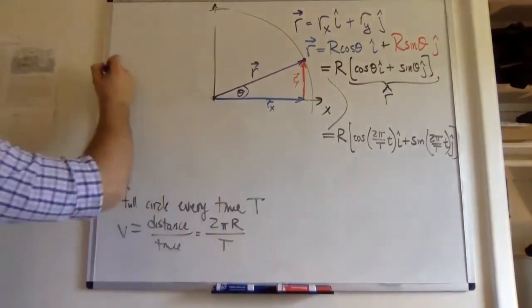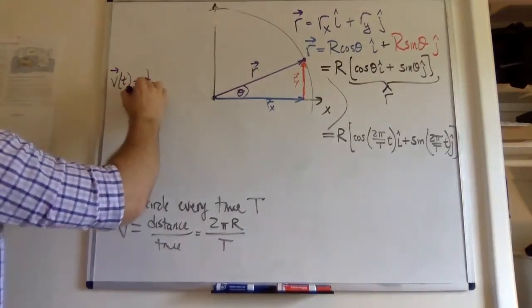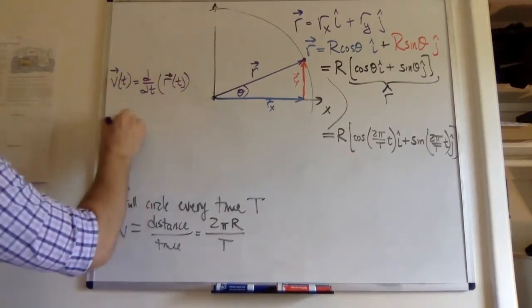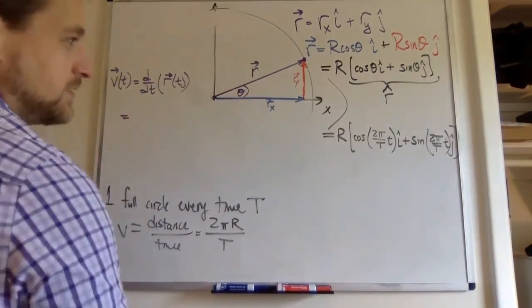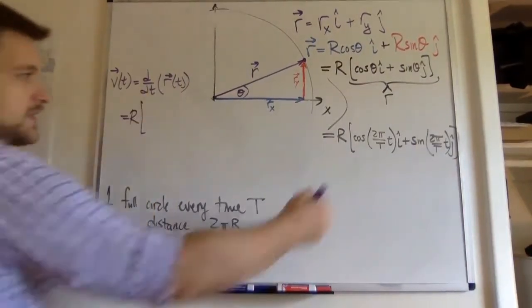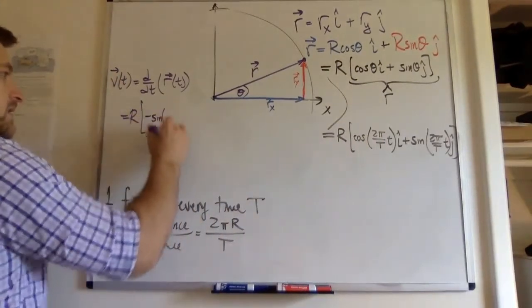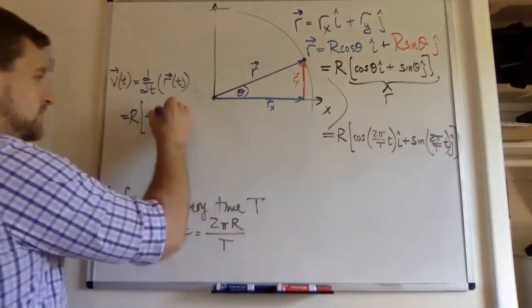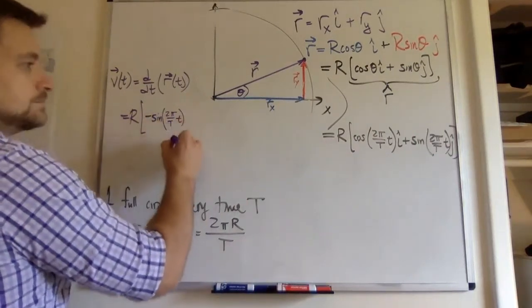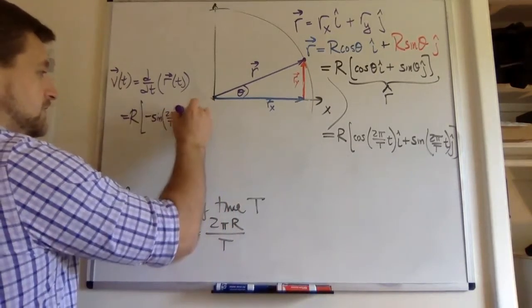So now the velocity as a function of time is the time derivative of the position as a function of time. So we take the derivative of that with respect to time, r times the derivative of cosine, which is negative sine. Trig functions keep their arguments when we take derivatives. Then we have to multiply by the derivative of that argument.